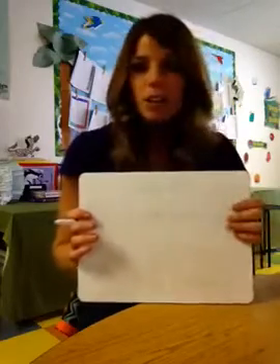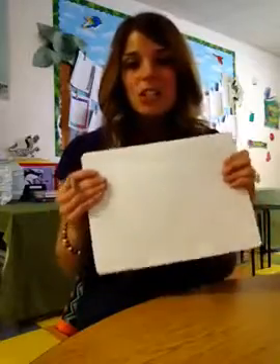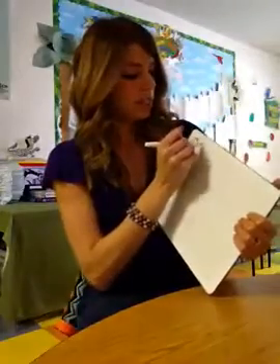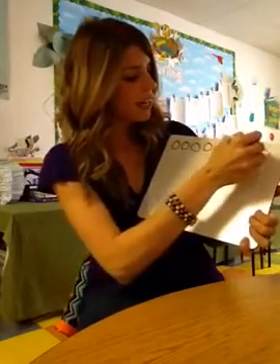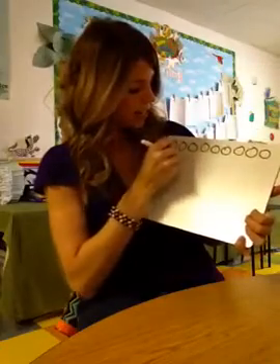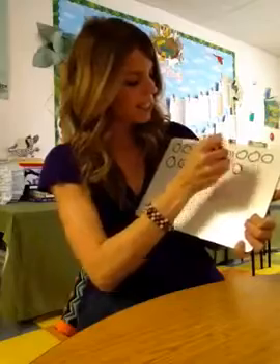If I don't have blocks or cubes at home, I can draw a picture. So I'm going to need 16 circles. 1, 2, 3, 4, 5, 6, 7, 8, 9, 10, 11, 12, 13, 14, 15, 16.